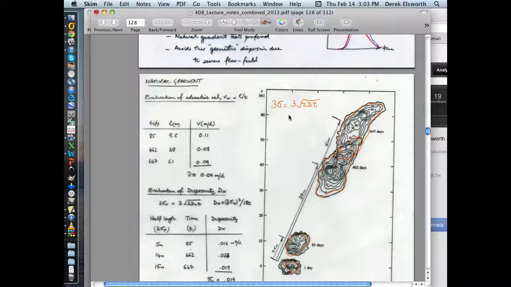And so if we measure these values, so if we measure this length, it's easiest to measure on this one here, for instance, but you can do it on all of them. This length here, after 647 days, if you can see that, is of the order of 61 meters. No, sorry, this is how far it's traveled.